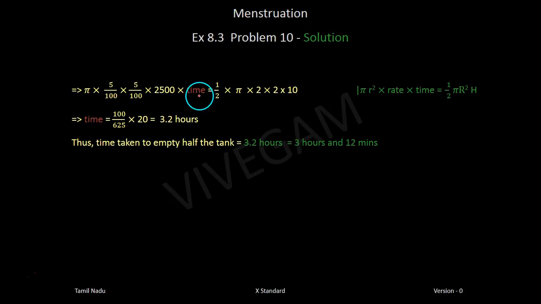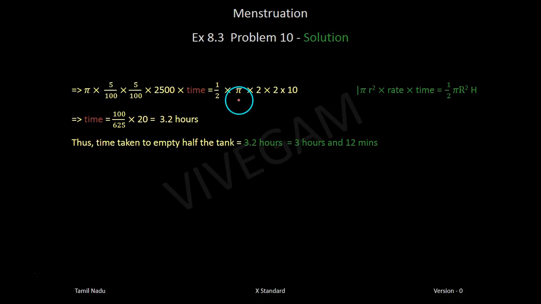So keep the time here and transfer all the other numbers. I think it will all get cancelled also, right? These two zeros, and 100 will go 25 times, and then 25 will go 4 times. So it will be 25 by 4 here.